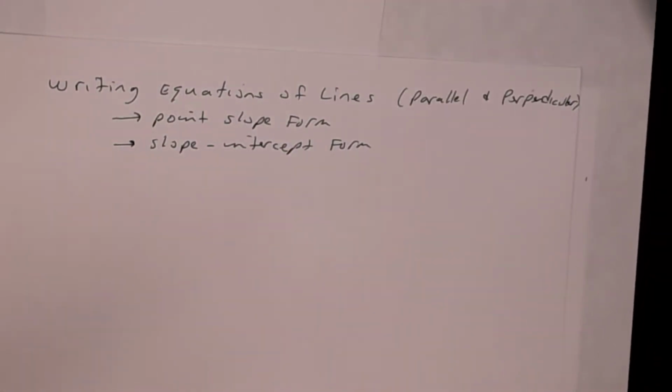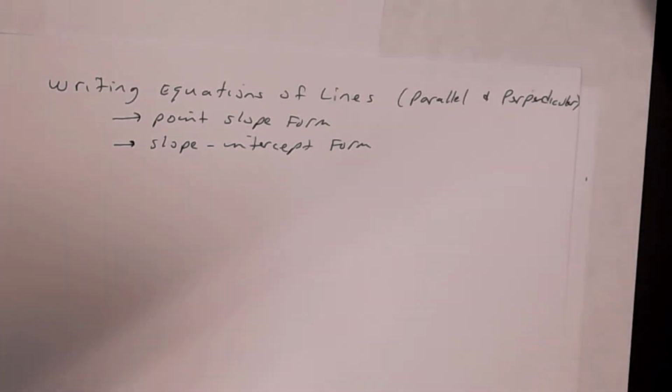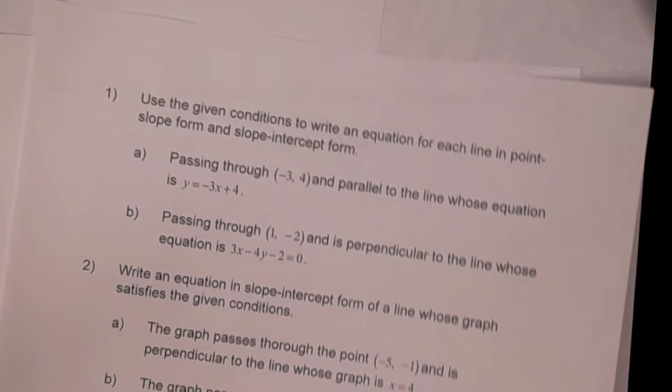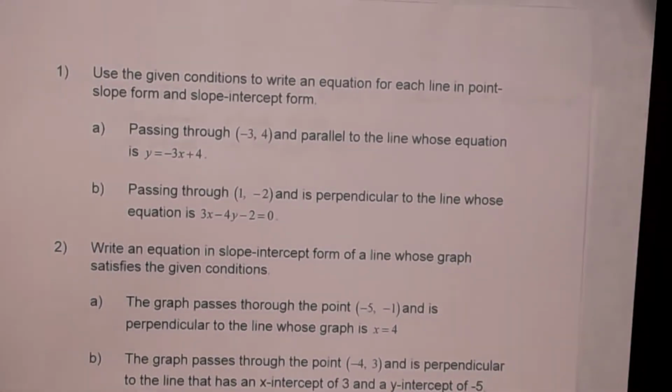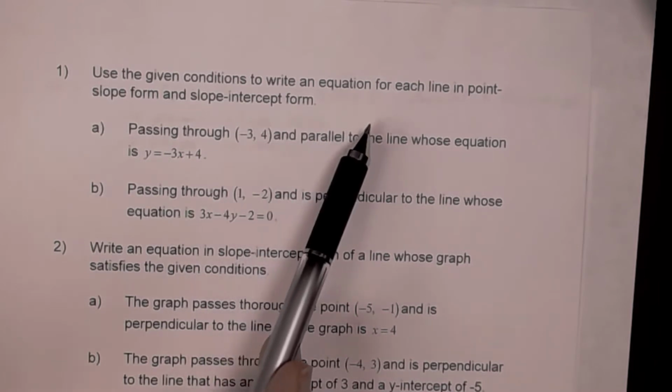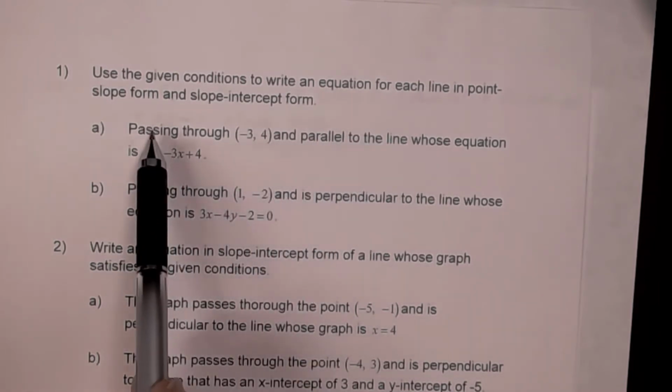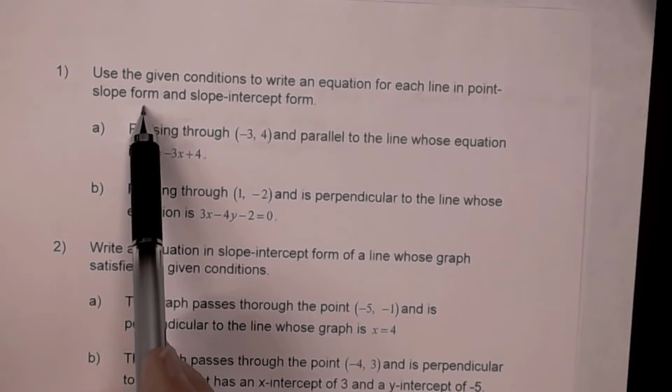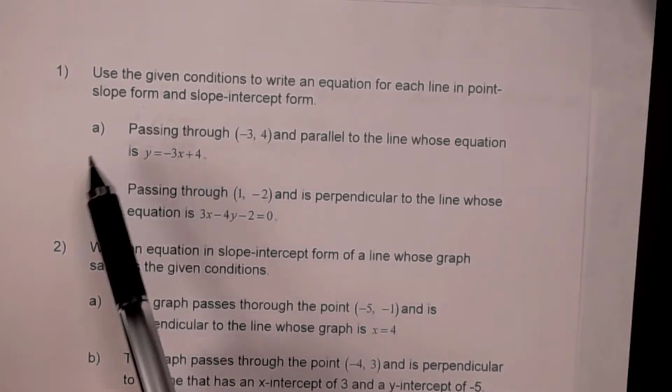So in this lesson, we're going to look at these two scenarios. These two problems are here. The first one says, use the given conditions to write an equation for each line. And you want to do this in both point-slope form and slope-intercept form.